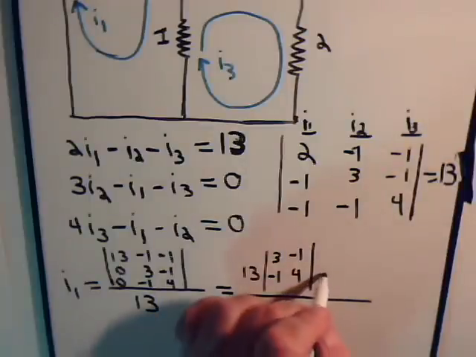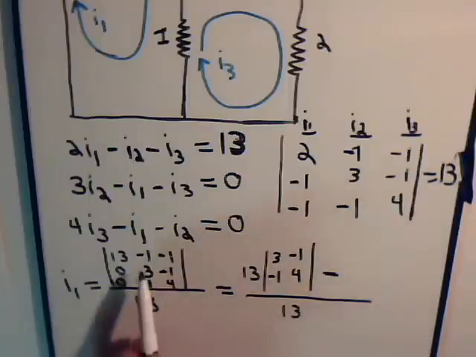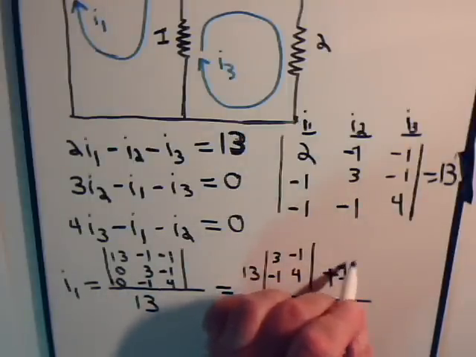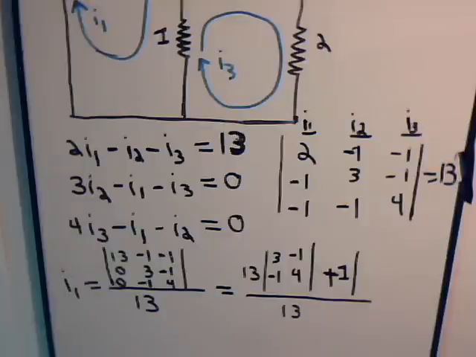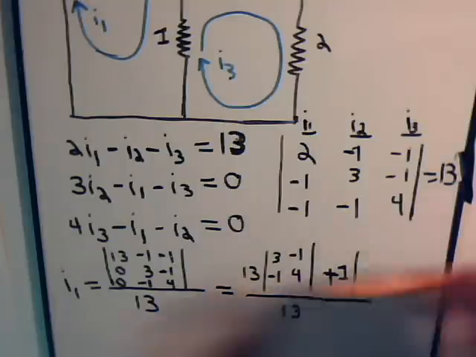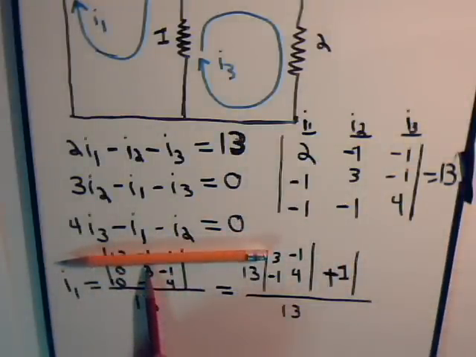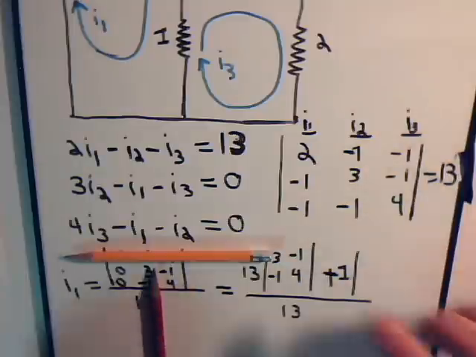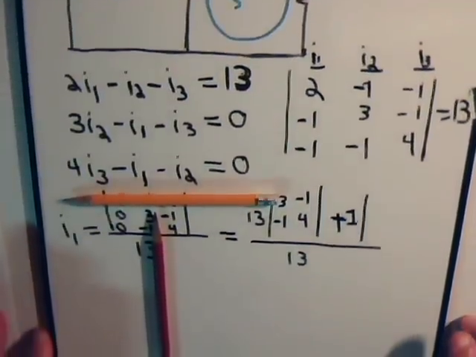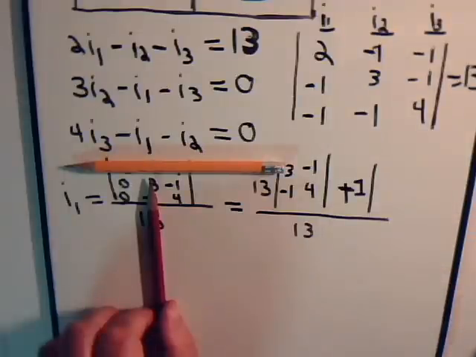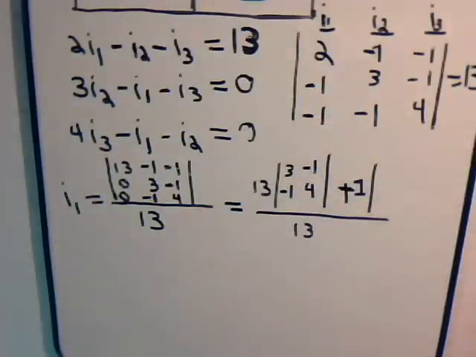Okay, then it's minus the next number, which has a minus sign by it, so that becomes a plus. And again, cover up the column and the row that it appears in. Here we have 0, 0, -1, 4.